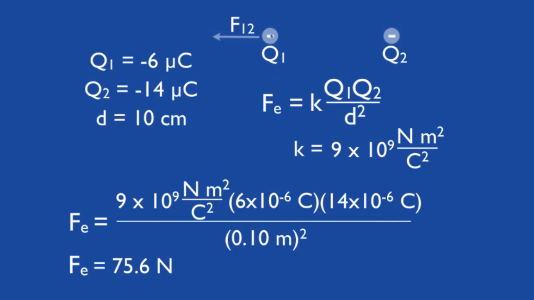We consider the direction by thinking about whether we had like charges or opposite charges. In this case, the force on charge 1 is to the left. It is also true that charge 2 feels an equal but opposite force, so the force on charge 2 is 75.6 newtons also, but the direction of the force is to the right.